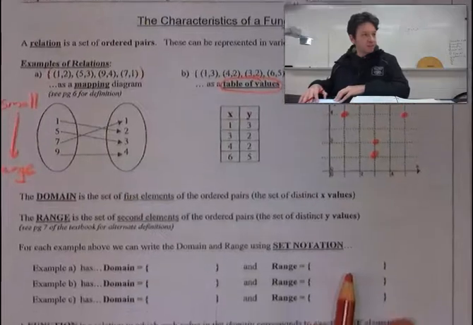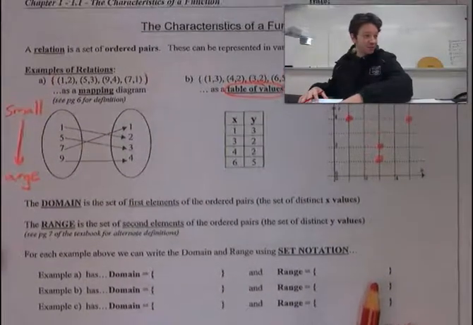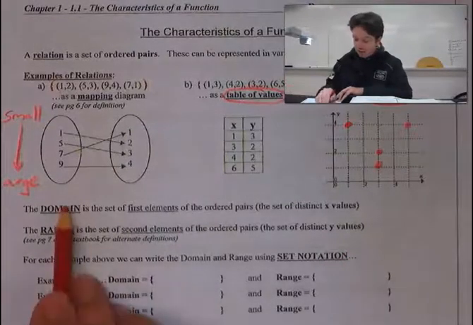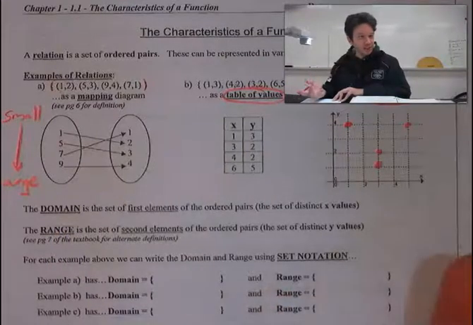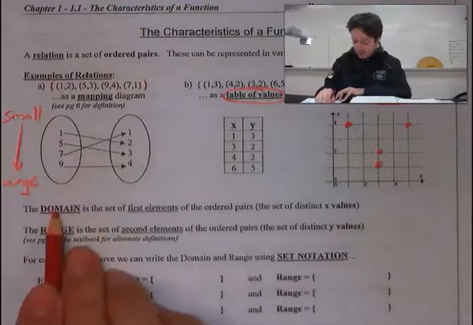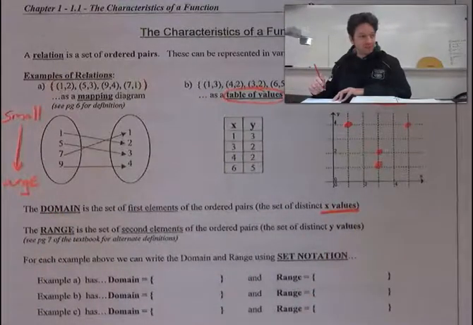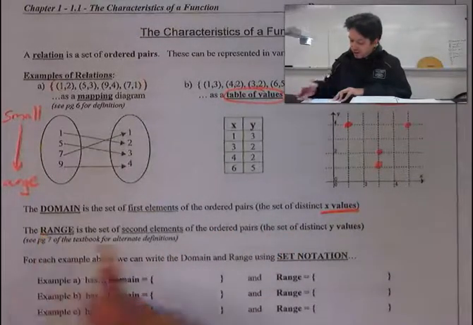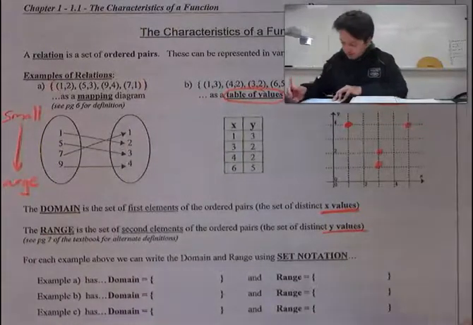All right, so the next couple bits of terminology that I want to go over, which we are going to use a lot in every unit in this course, are domain and range. They sound a bit scary, but in reality, domain is all of your x values in your relation or your set, and range is all of your y values for all of your pairs.